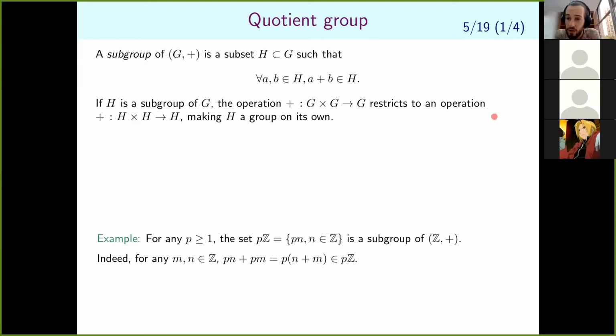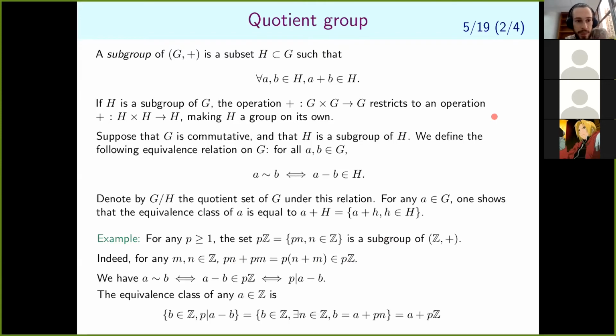And once you have a subgroup, you can consider the quotient group. So the definition is here. All the groups we will consider will be commutative. Once you have a subgroup, you can define an equivalence relation on G as follows.